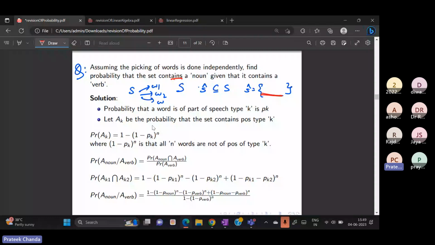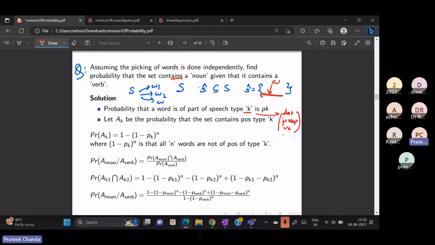I can go as follows. Let's say a particular word W in S hat is of part of speech type K, and K can be anything, like det, prep or verb. So it's discrete and has a fixed size.